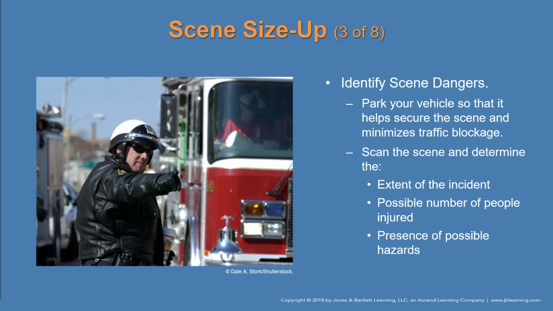So sometimes parking our response vehicle with the lights on between oncoming traffic and the accident scene will minimize the chance that someone is going to drive through our scene going 60 miles an hour and potentially cause more damage. So we want to initially scan the scene and determine the best place to park our vehicle, and you'll get more of this when you go through emergency vehicle operator course and other courses like that.